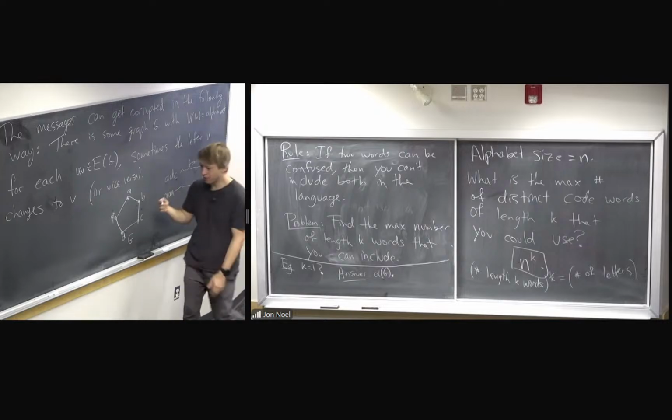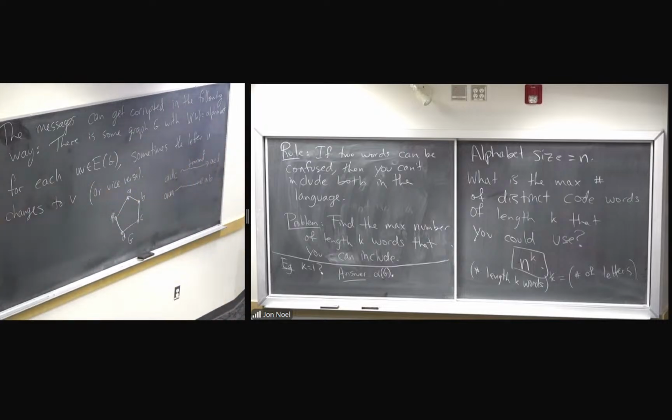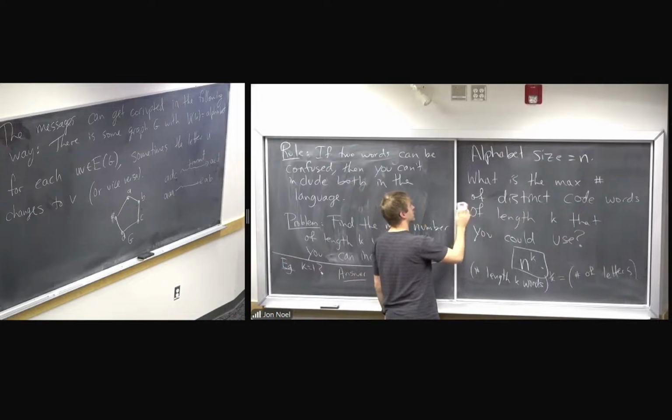Let's make it more formal, though, and have some notation to talk about this type of graph. This turns out to be related to something called the strong product of graphs.